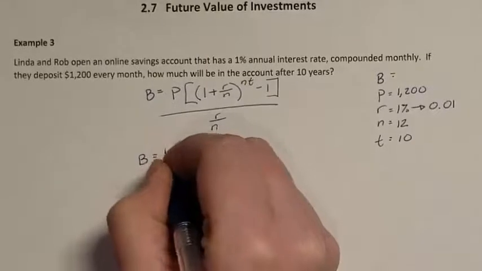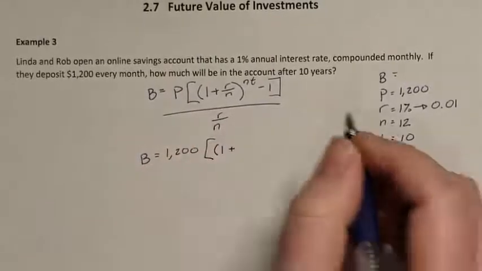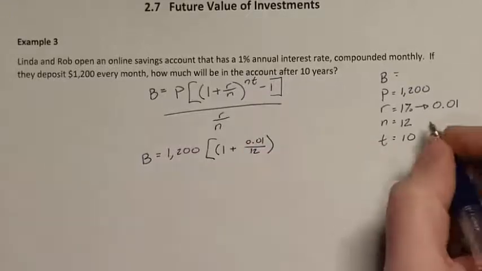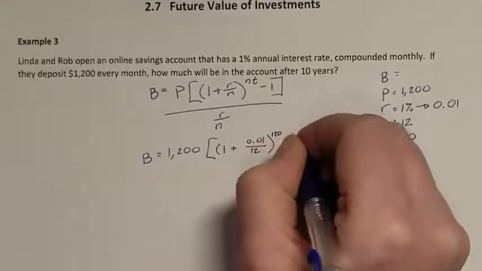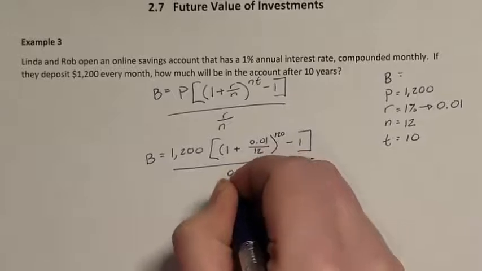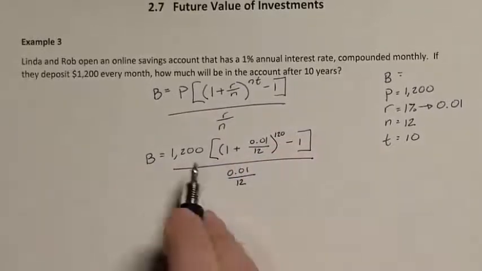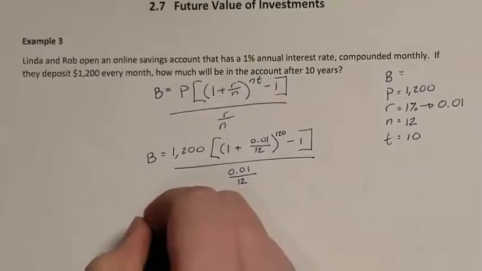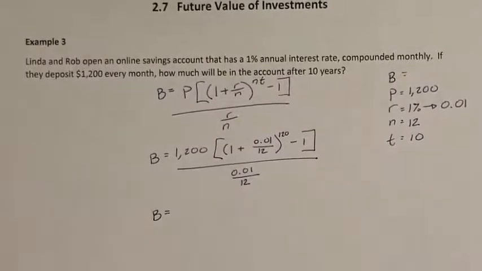So we have P. I need R divided by N. N times T is 120, all divided by R divided by N. Again, type all of this in exactly the way that it reads into Desmos so you don't have any rounding error.